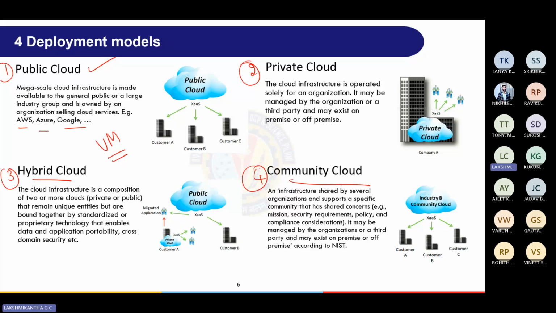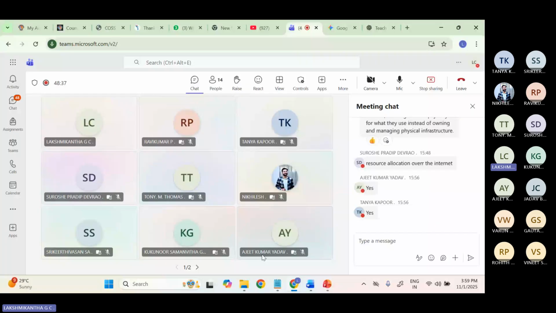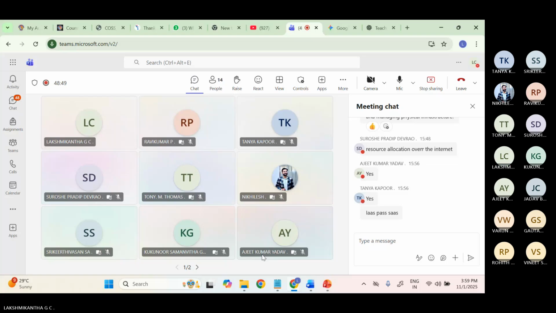So now let us look at the service models. Can you guess what those 3 service models are? Let me see if anybody is going to respond. What are the 3 service models we are going to use in cloud computing? Yes, it is perfectly correct.